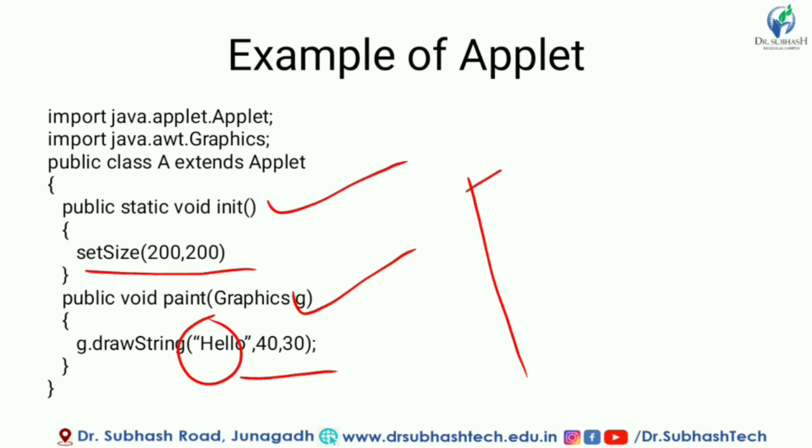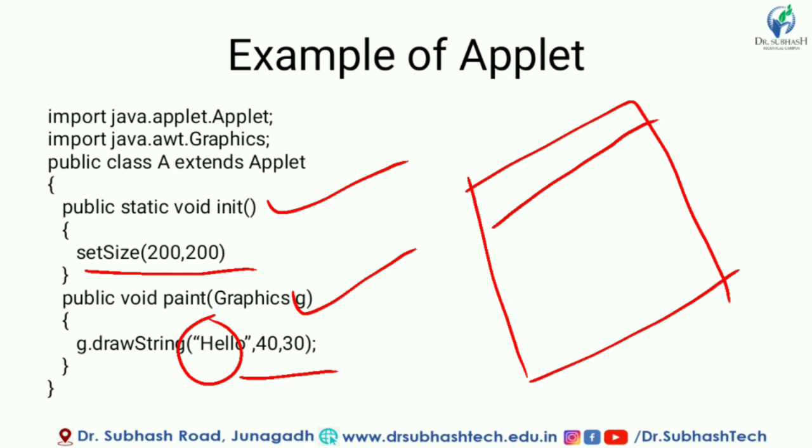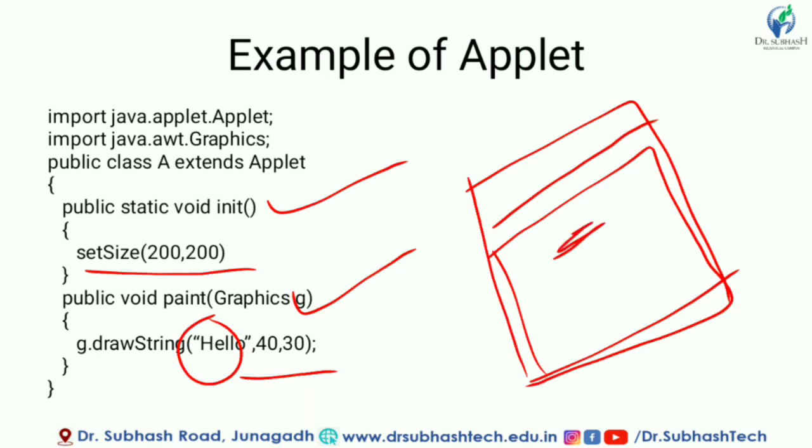For example, this is our applet, and this is the title of the applet. This will be the size of the applet, 200 by 200, and for example at 40, 30, here the hello will be printed, right? So this will be the output of the applet.